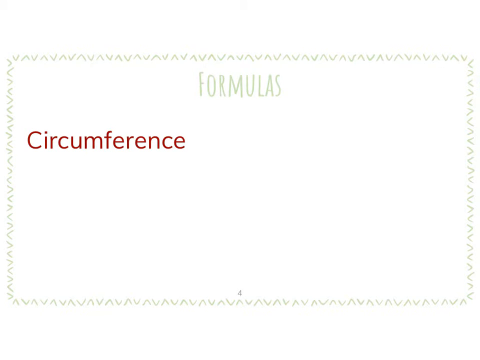So here, instead of arc length, I am going to put circumference. In the gizmo, you did circumference divided by diameter, which gave you pi, right? But what if we want to know the circumference?